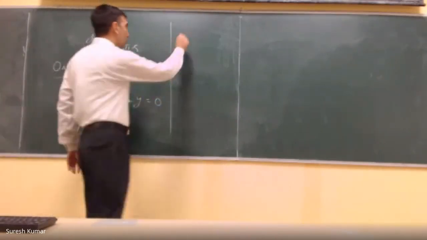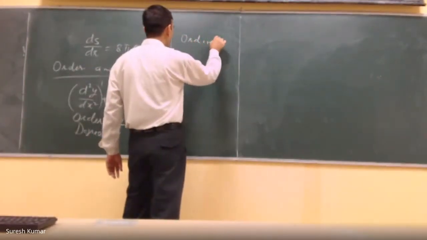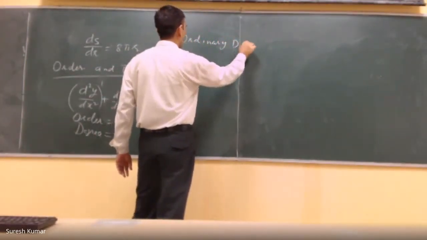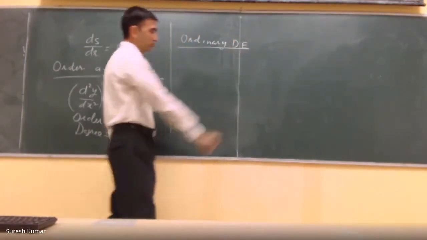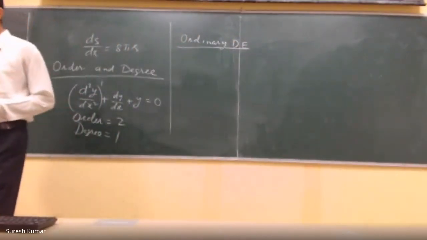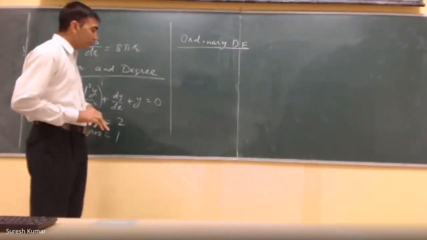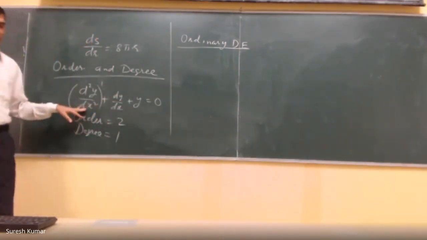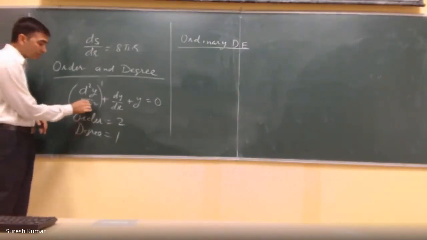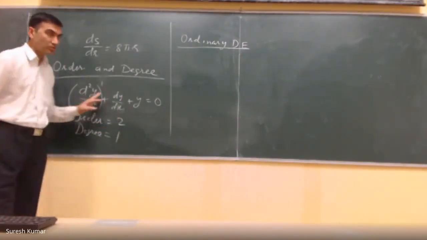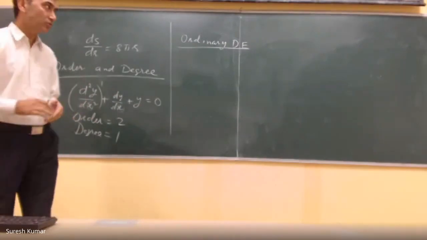After that, what's an ordinary differential equation? An equation carrying only one independent variable. You can say here x is the only independent variable. So it is an ordinary differential equation.